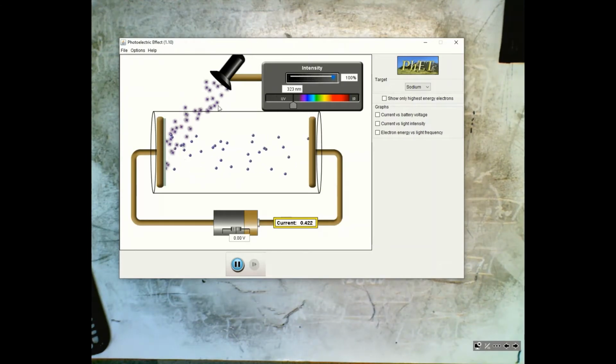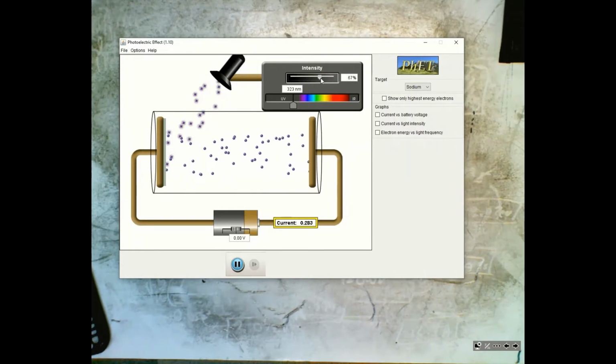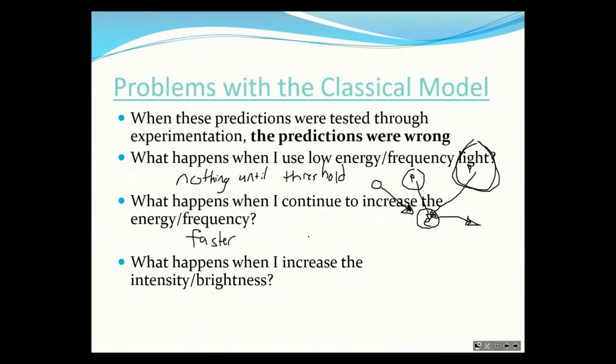More photons release more electrons. So you can think of this as one ball releasing one ball, right? And that's kind of what we predicted. One photon can release one electron. So when I have less photons, it releases less electrons. So increasing my intensity releases more photons. So what happens when I increase my intensity, my brightness? I release more electrons.